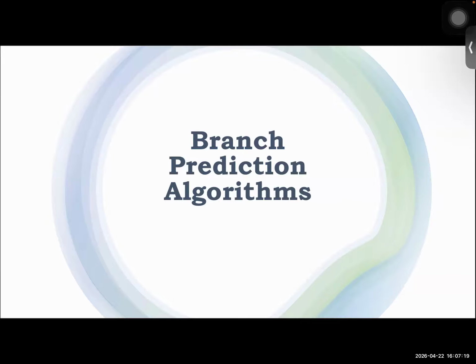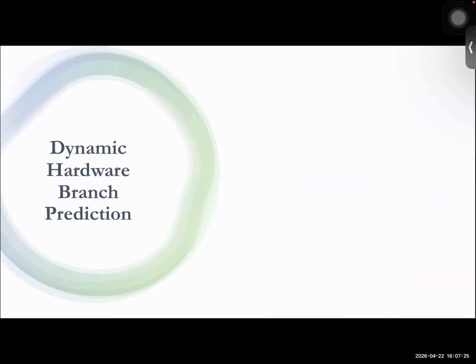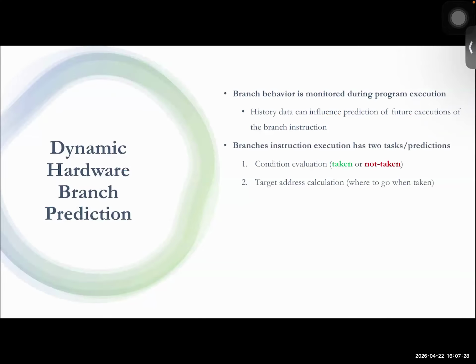So the branch instruction execution has two tasks. The first task is the condition evaluation. One ALU is used to find out whether the condition is true or not. That is the comparison instruction.